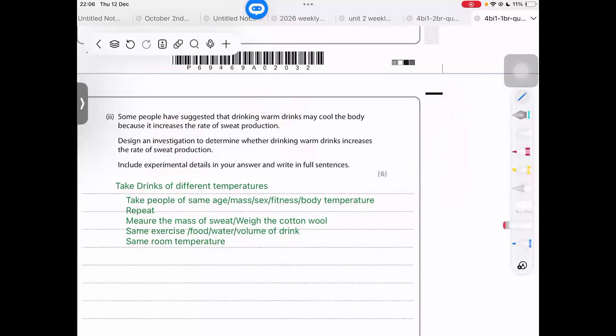So we are going to take some people, we are going to give them some warm water, and we are going to check whether the sweat production increases when they drink the warm water, right? We know it happens, but we are going to do an investigation to see whether it really happens or not.